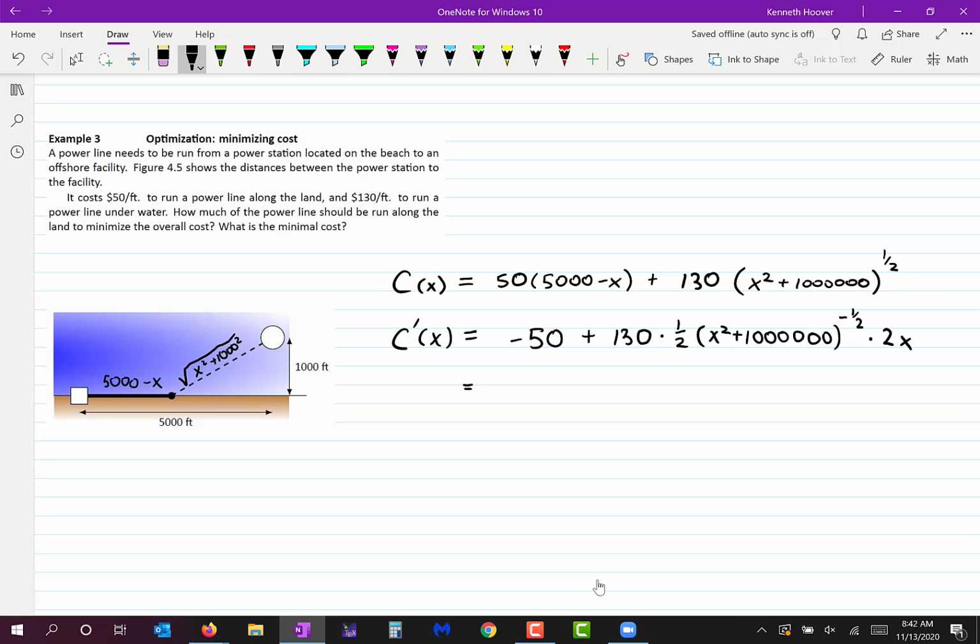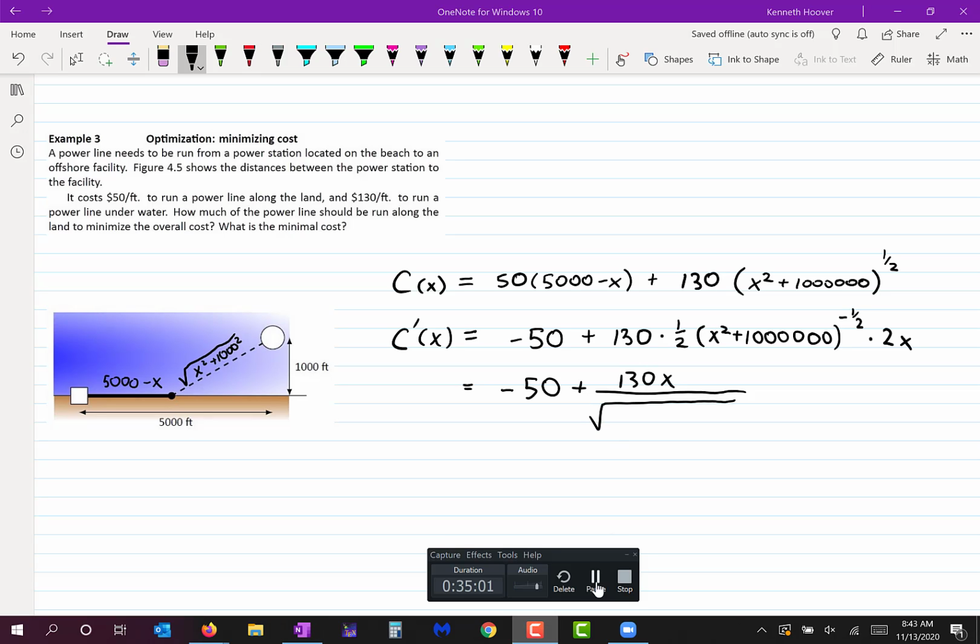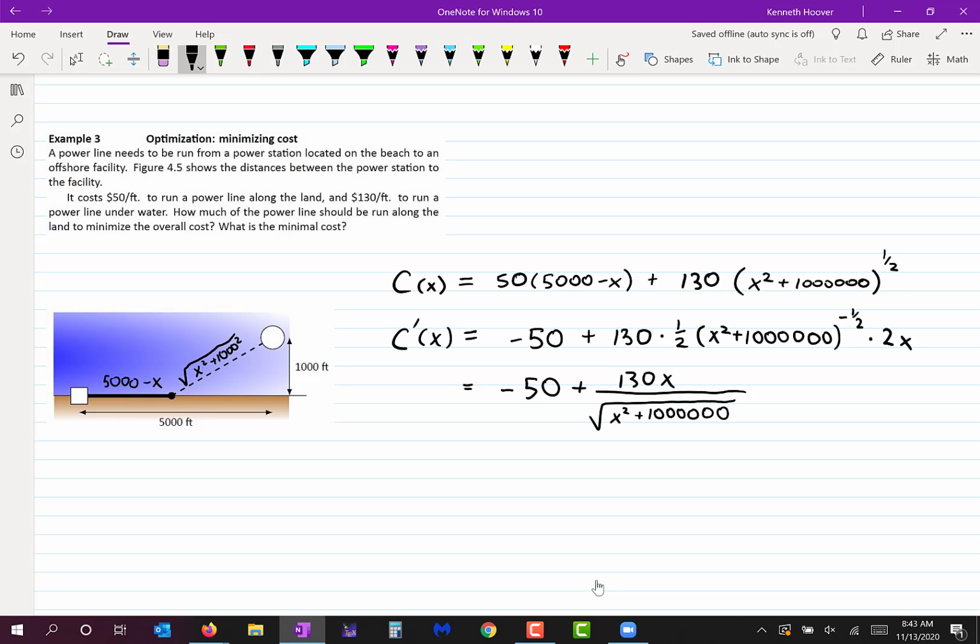So what we have here is negative 50 plus 130x over the square root of x squared plus 1,000,000. That's our derivative.